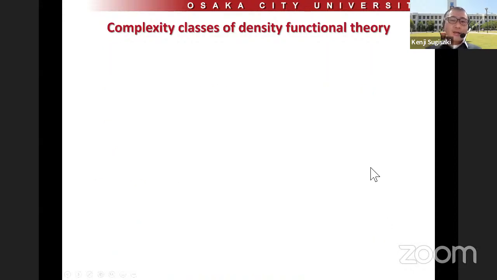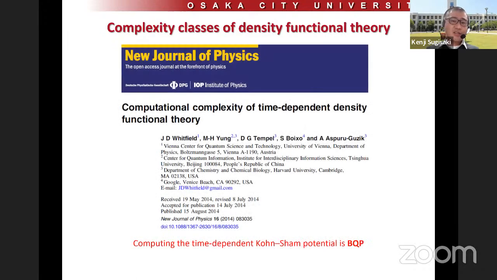But for time-dependent density functional theory, for excited state calculation, in this paper they discuss the computational complexity of the TDDFT method, and they proved that computing the time-dependent constant potential is BQP. So it means that computation of the time-dependent constant potential can be performed by using a quantum computer in polynomial time.